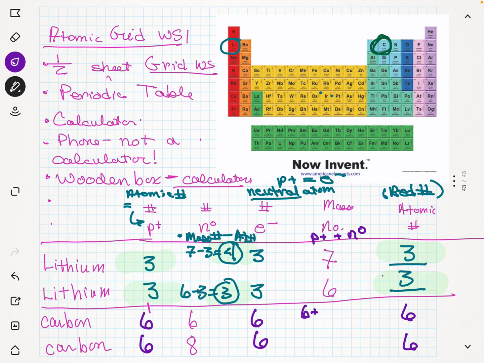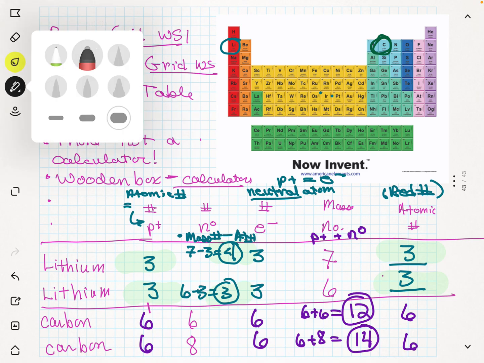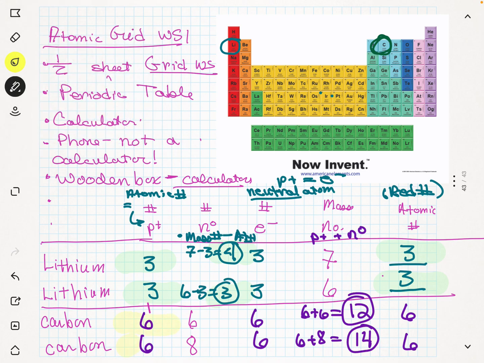So this one will equal 6 plus 6 equals 12. And for the next one, 6 plus 8 equals 14. The numbers you should fill in for the 2 carbons, I'm going to highlight in yellow.